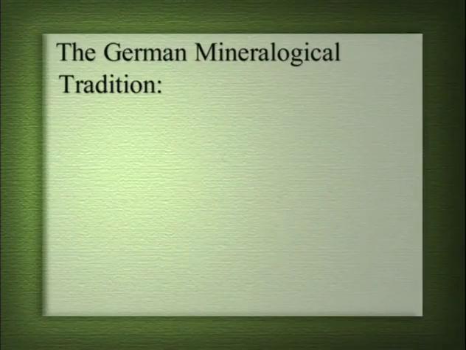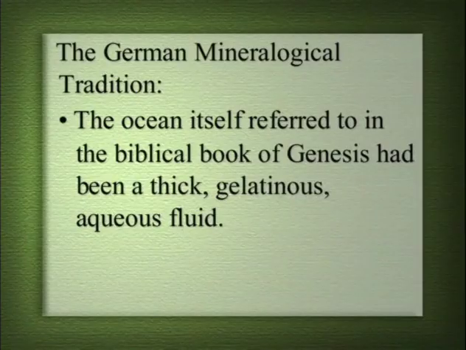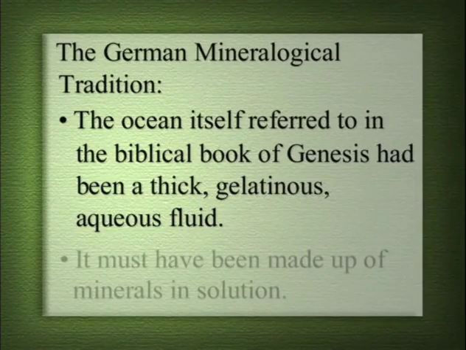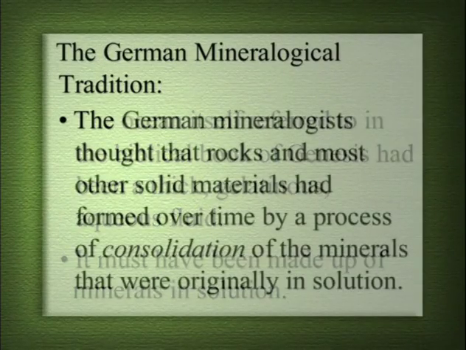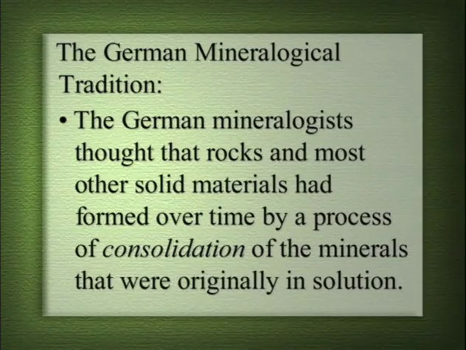In this German tradition, there was widespread agreement among 18th century mineralogists that the ocean itself, referred to in the biblical book of Genesis, had been a thick gelatinous aqueous fluid. They assumed it must have been made up of minerals in solution. Here's where the German tradition went its own way. The German mineralogists thought that rocks and most other solid materials had formed over time by a process of consolidation of the minerals that were originally in solution.